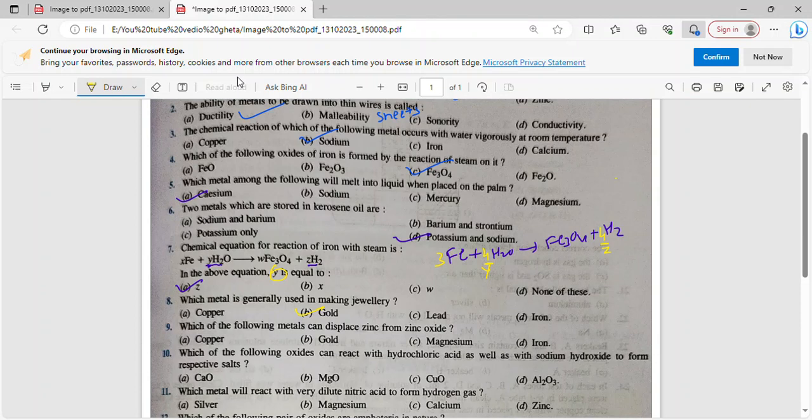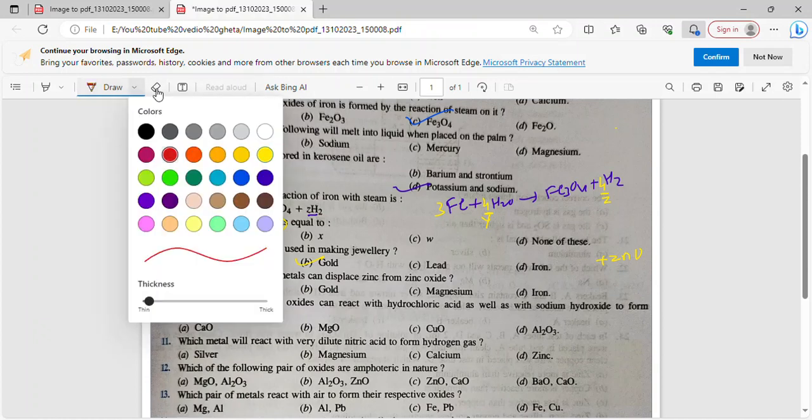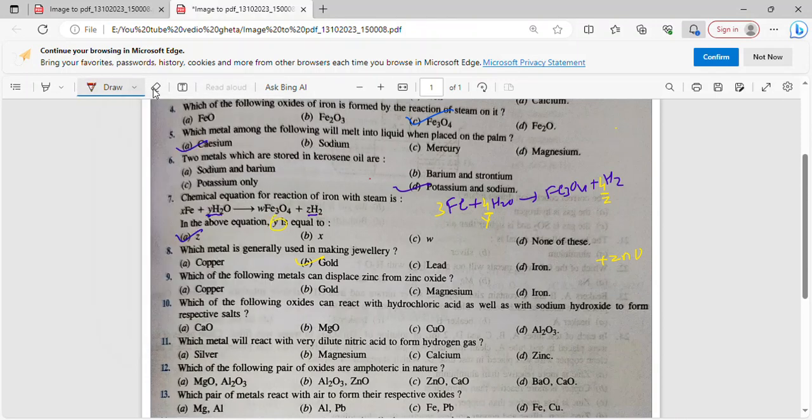Which of the following metals can displace zinc from zinc oxide? We need a metal which is more reactive than zinc, right? Do you know the reactivity series?